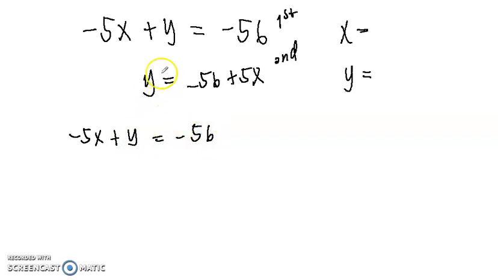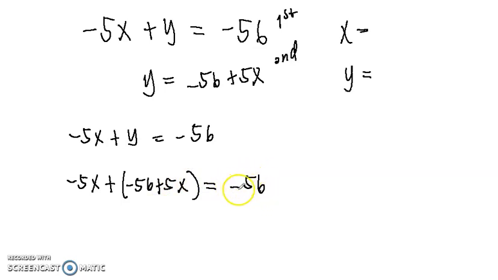Then we substitute the value of y into this form. So we will have negative 5x plus the value of y, which is negative 56 plus 5x, equal to negative 56.